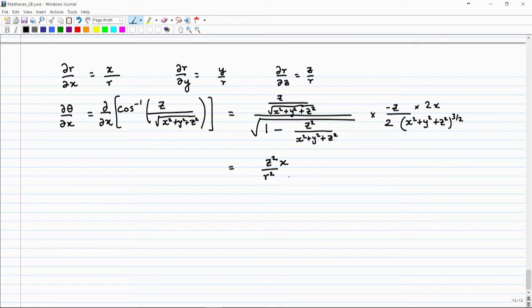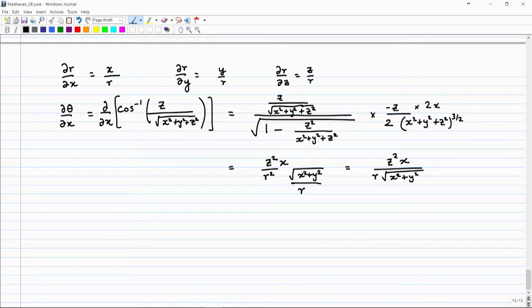So, that is x square root of x square plus y square, and then divided by square root of x square plus y square plus z square, that is just r square. So, I will have r divided by r. So, what do I get? I finally get the expression z square x divided by r square root of x square plus y square.